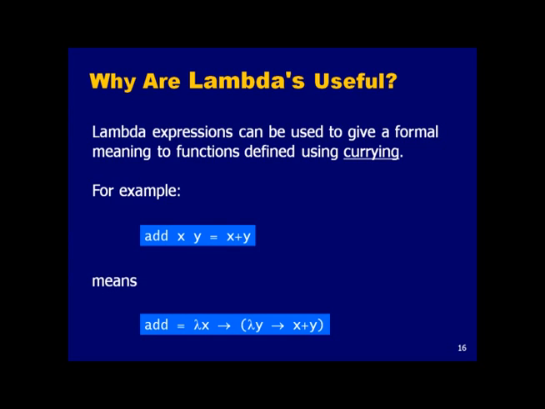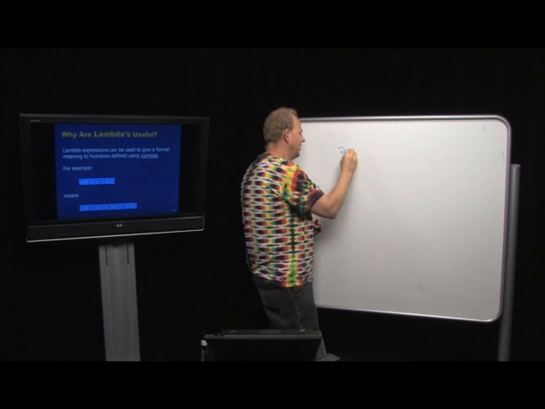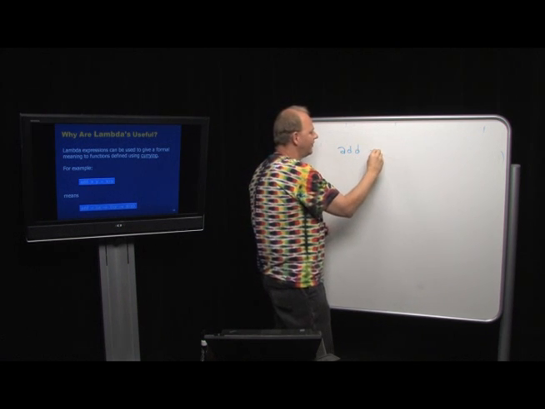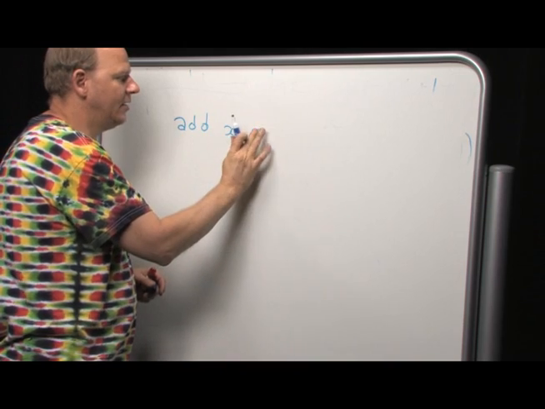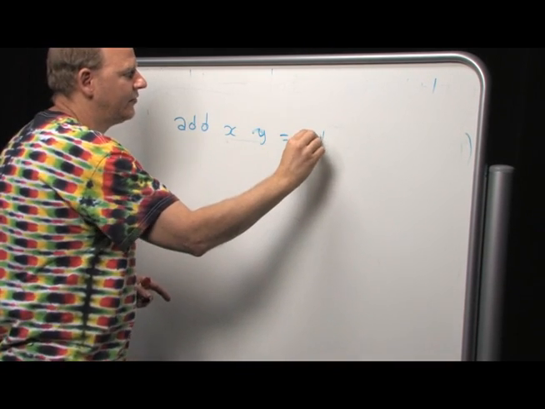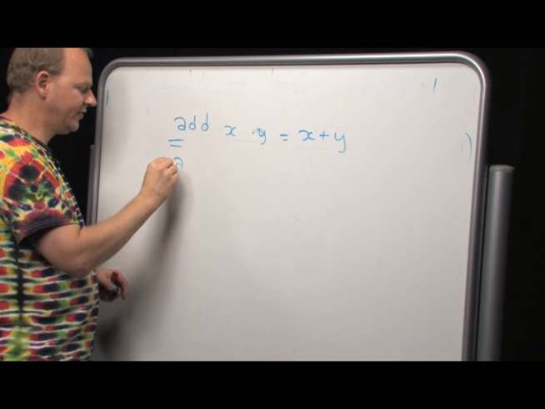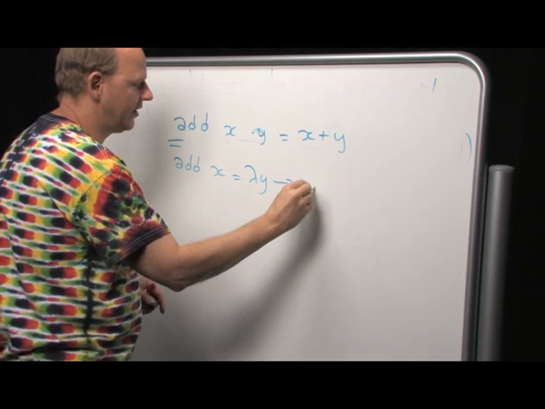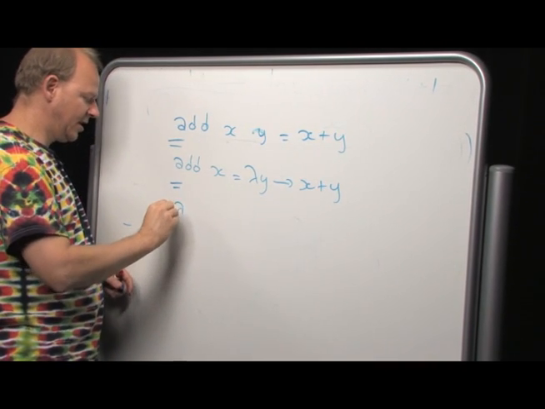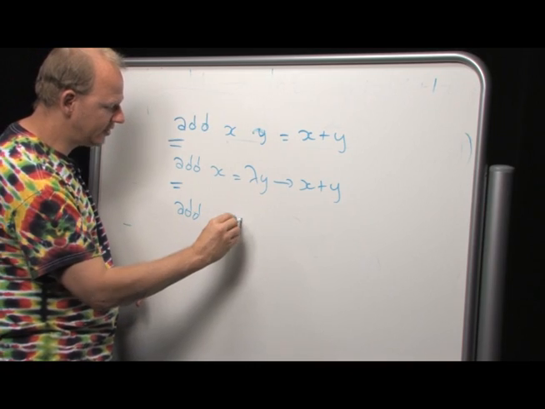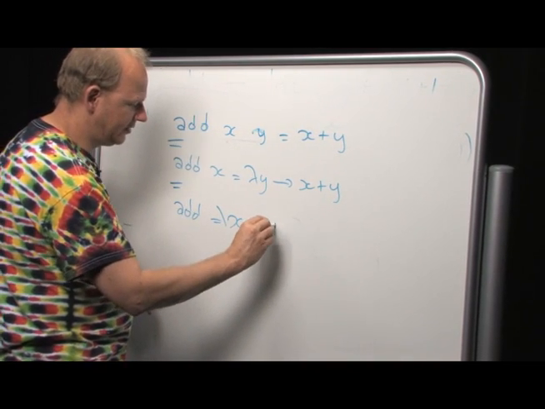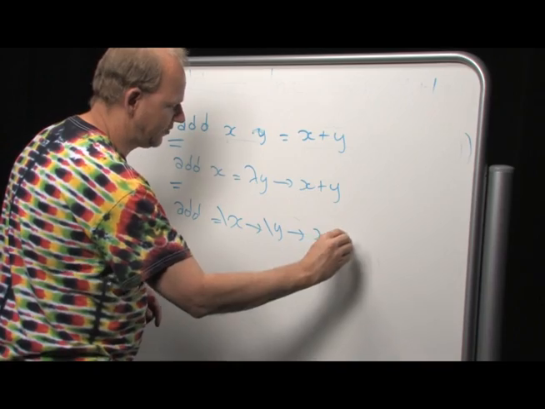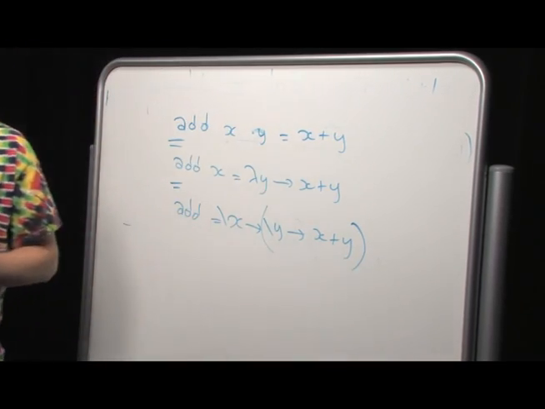Well, when you're lazy, you don't want to give a name, but it also reflects the type. So if I write add of x and y equals x plus y, that is the same as saying add of x equals lambda y, x plus y, which is the same as defining add to be the function that takes x and returns a function that takes y and returns x plus y. Okay, so these are all the same.